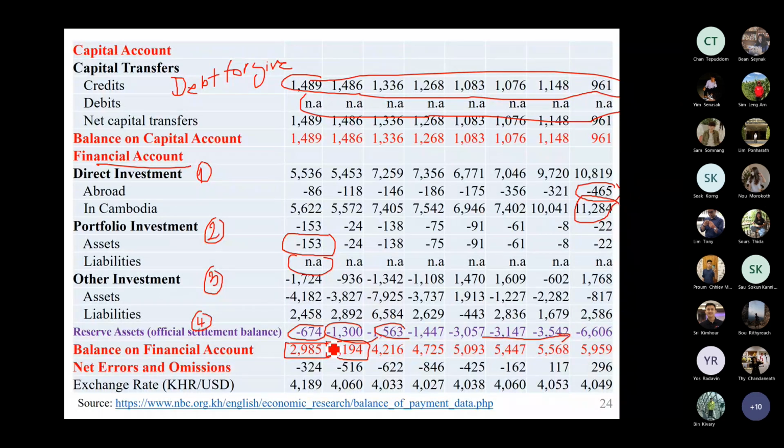So you can see that if you're looking at the financial account, we can learn that our country is receiving more inflow of foreign investment, and foreigners are owning more of our assets in the country. We also see that the reserve that our central bank is trying to accumulate keeps increasing over the years. Okay, so I think that's all.